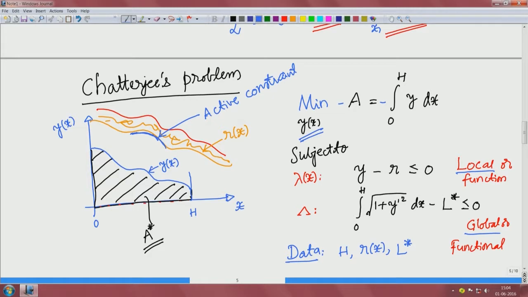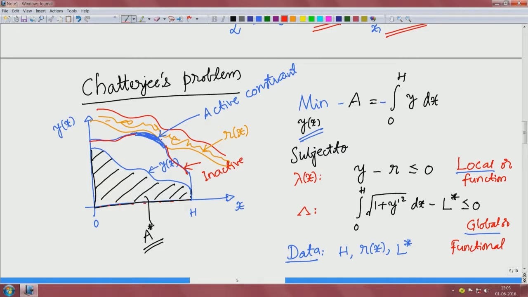In other places, if it deviates from it like that, in this portion this is active. Okay, let me put it in blue. Other portion, let me write in red, it is inactive, where y is less than r, that river profile, whereas in some portion it is just equal.